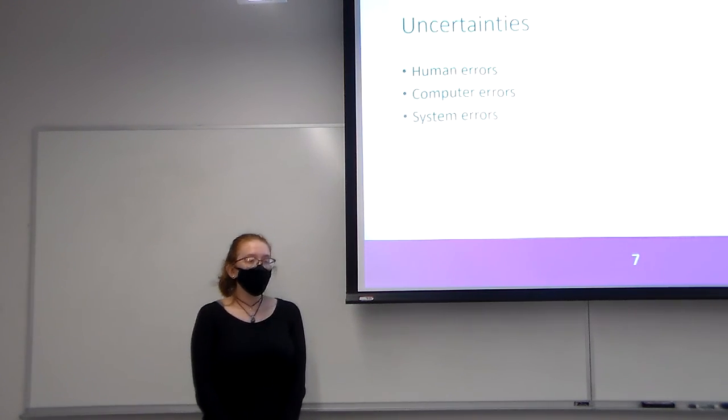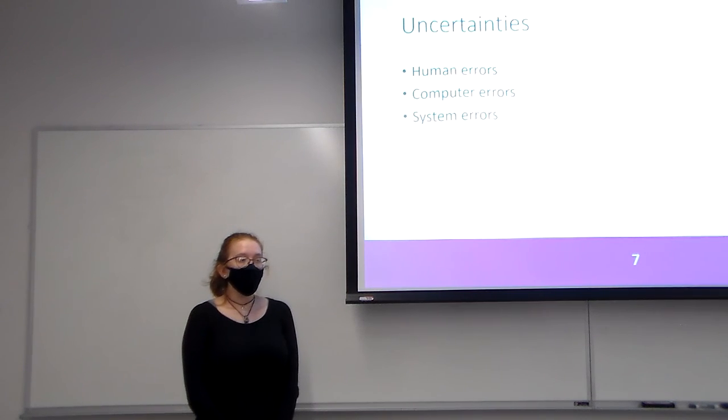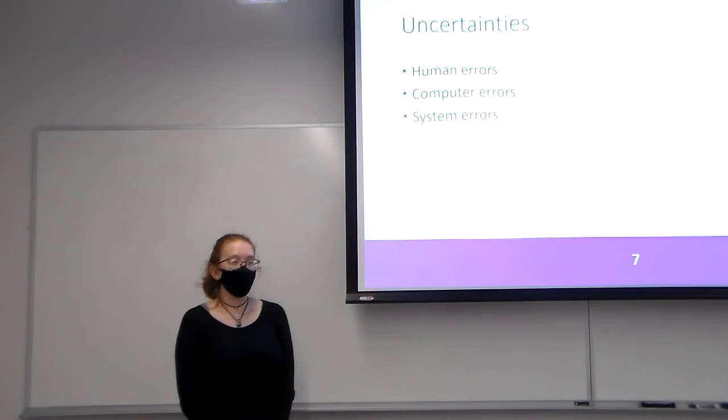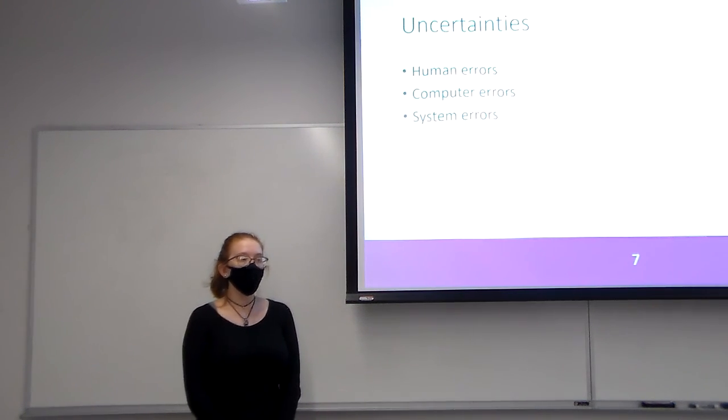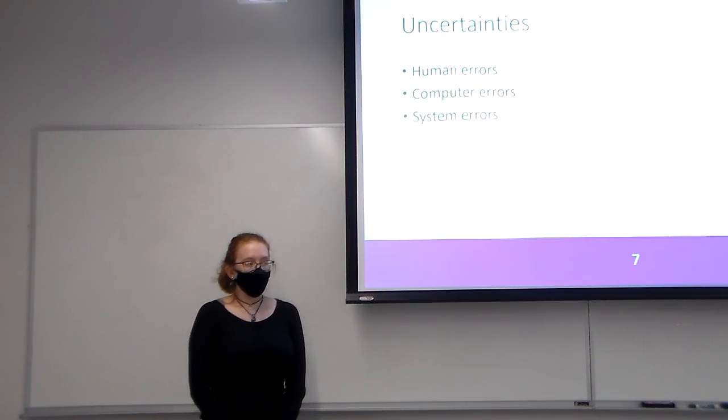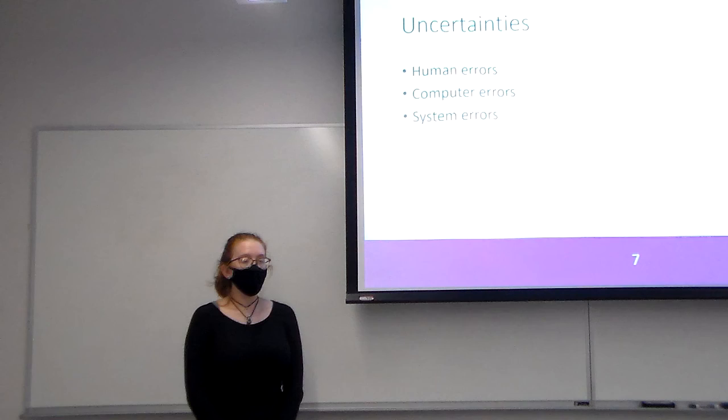Another thing is computer errors. I know in previous experiments we've talked about thermocouples. If it's too close to the edge, it could read a higher temperature than it actually is. If it's too far, it could be different. Thankfully, we have the water stir motor, which will help alleviate these errors, so that we don't have to worry about the thermocouple as much.